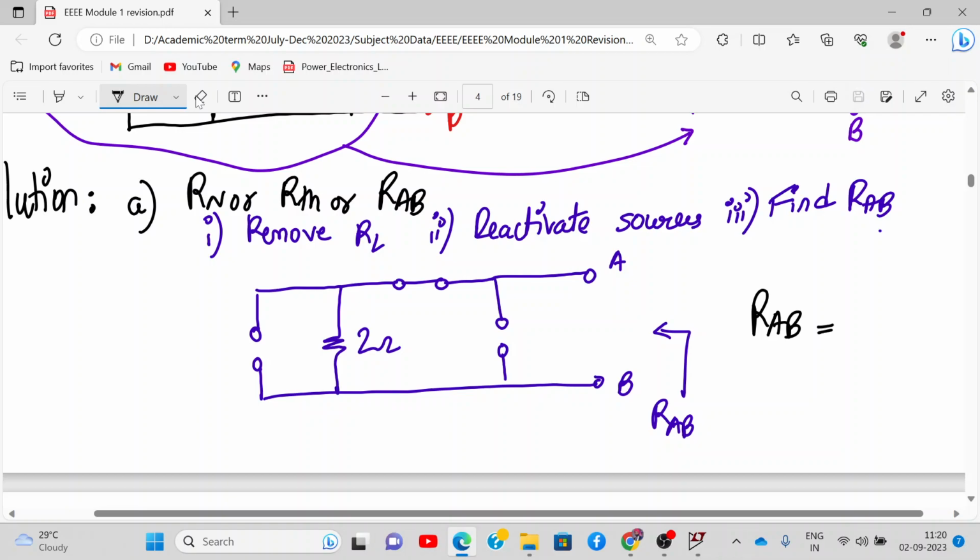What is RAB? Yeah, students, come on. How much is RAB? Please tell me. It's in front of your screens. 2 ohms. Yes, it is 2 ohms only.